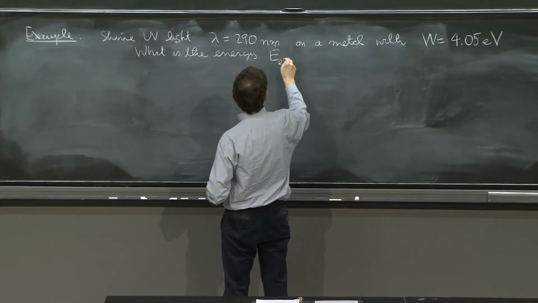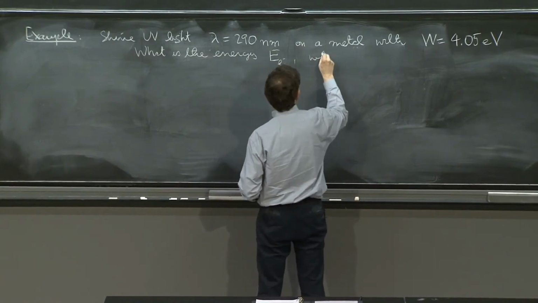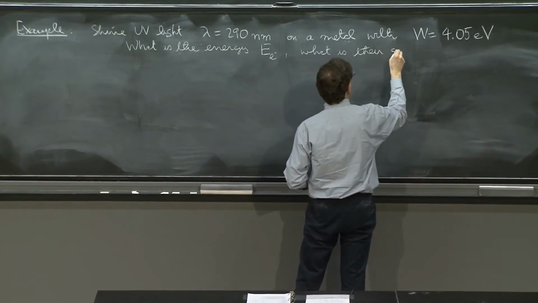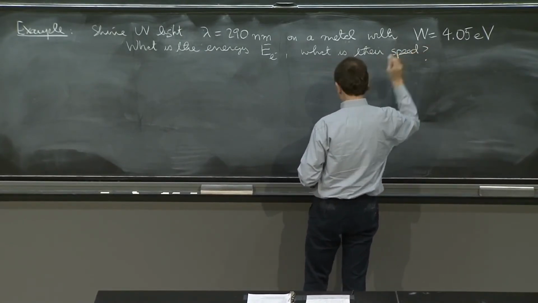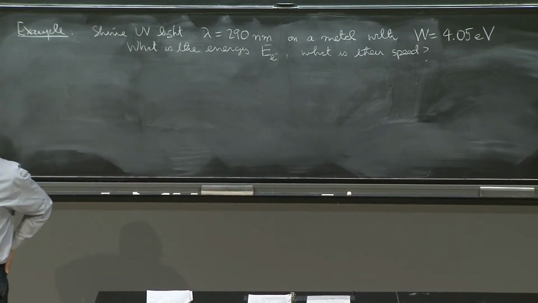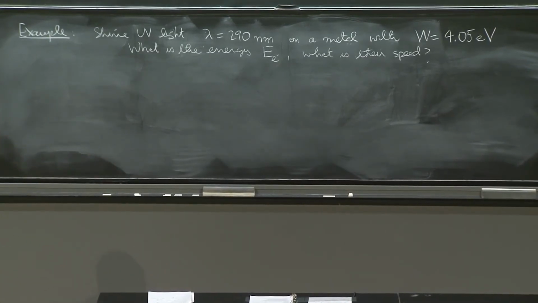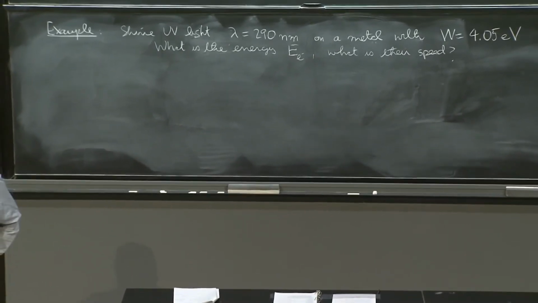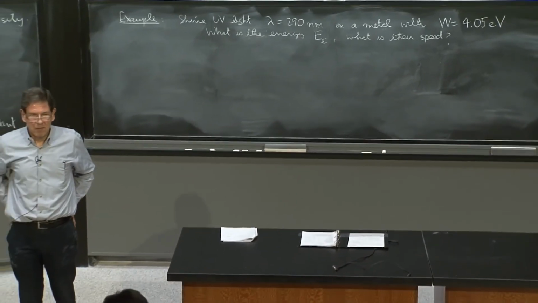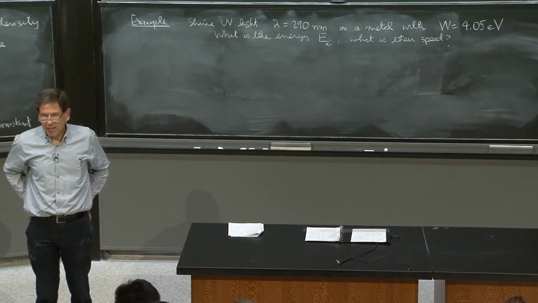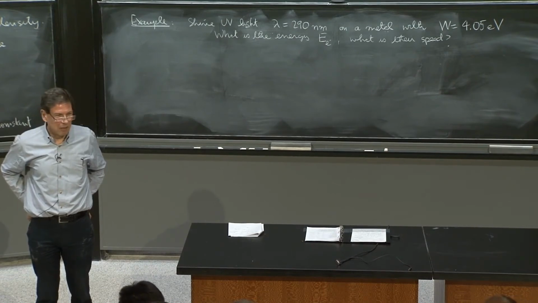What is the energy of the photoelectrons, and what is their speed? Now, it is a goal of mine and of the instructors in this course that a calculation like that you should be able to do without turning on your iPhone and checking what h bar is and getting a few constants and what is an eV or all these things.